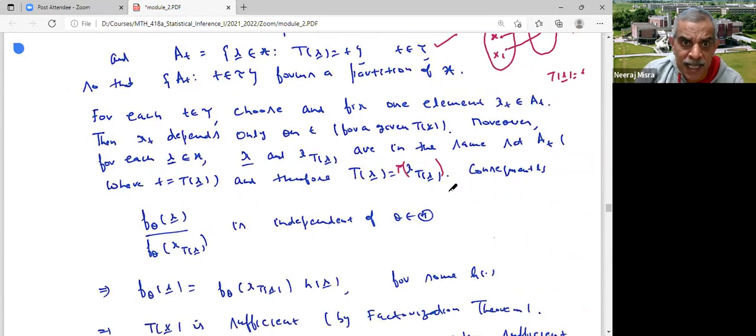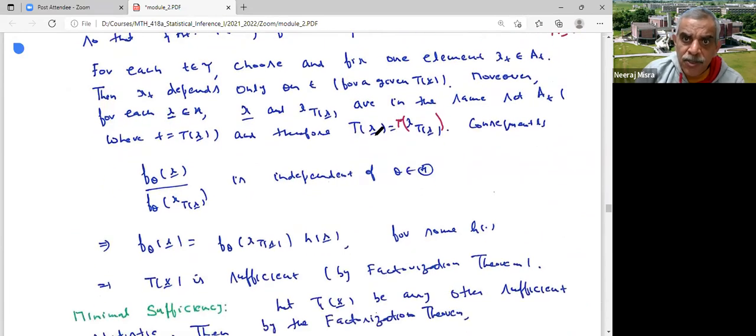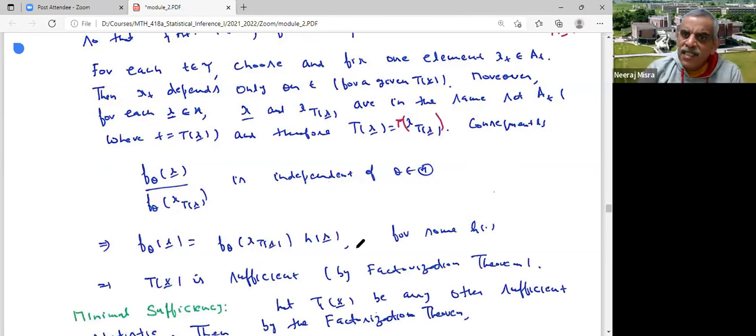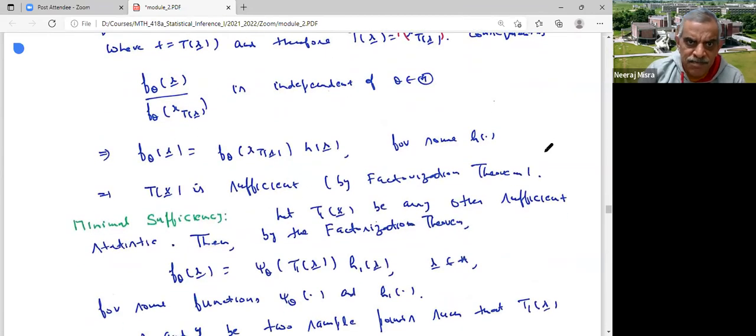Now, since Tx and T(x_Tx) are the same, f_theta(x) upon f_theta(x_Tx) would be independent of theta. So it is some function which will not depend on theta. I call that h(x). So f_theta(x) would be the same as f_theta(x_Tx) into h(x), for some h. By the factorization theorem, this means Tx is sufficient.